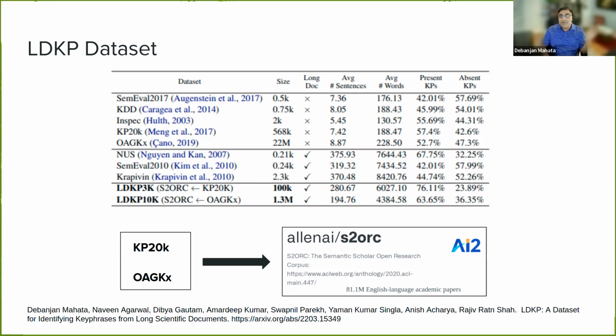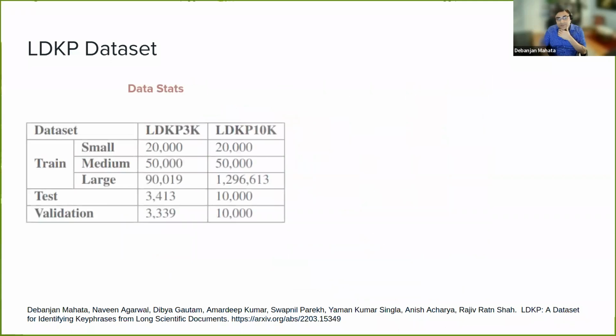So we tried to find the same documents in the S2ORC corpus and mapped them, and now we created a new corpus which we call LDKP, available in different sizes. We have small, medium, and large training datasets.